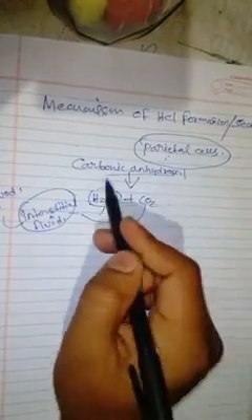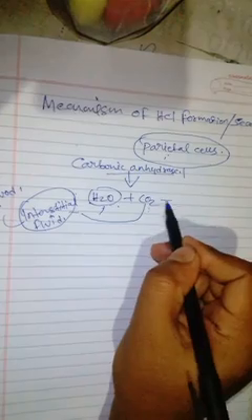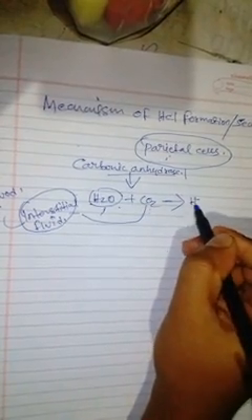carbonic anhydrase can catalyze H2O and CO2 into carbonic acid, that is H2CO3.